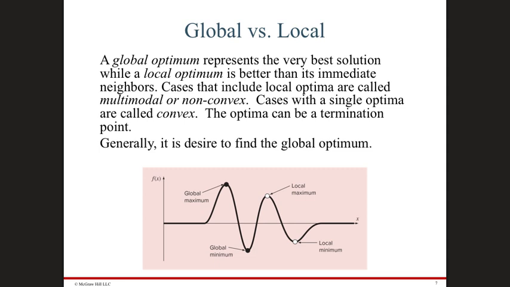It will not have multiple peaks, okay? That's called a convex, which has only one of those. All the other functions that do not have a single one, that have more than that, are called multimodal, or non-convex functions, okay?